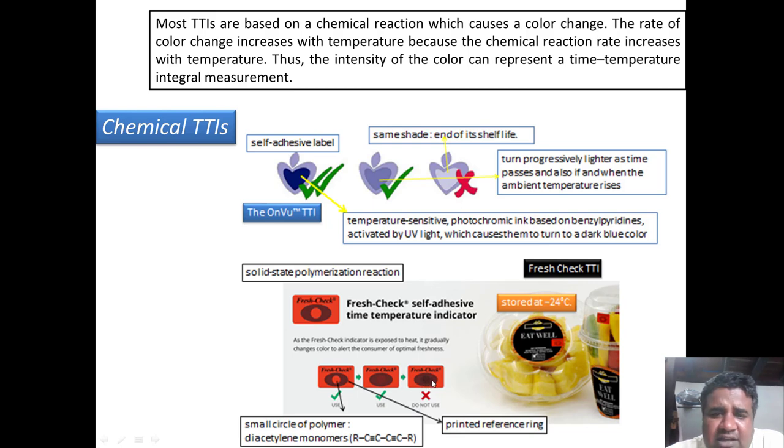If it is dark, it will appear as do not use, and it is recommended to the customer that if the circle has become dark, please do not use. As the indicator is exposed to heat, it gradually changes color to alert the consumer on optimal freshness. So it will appear as do not use if it is dark.